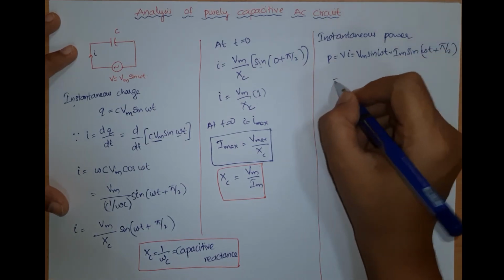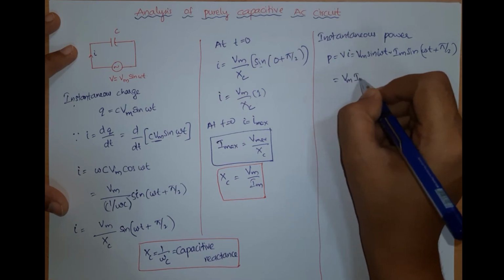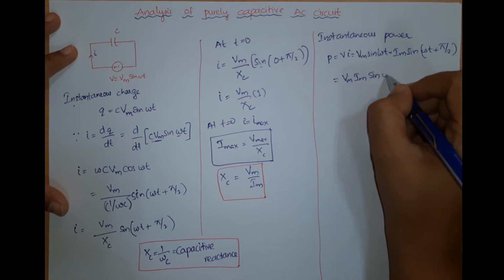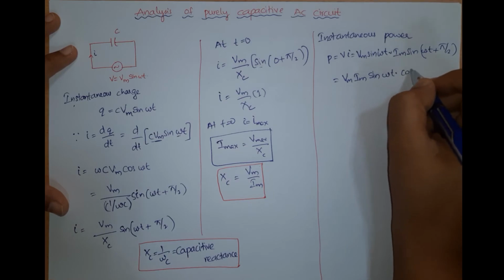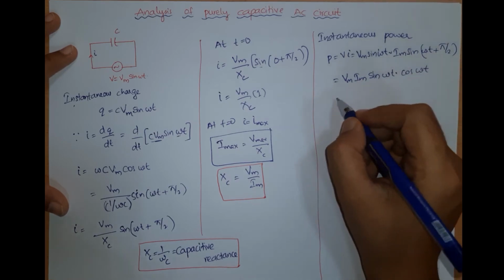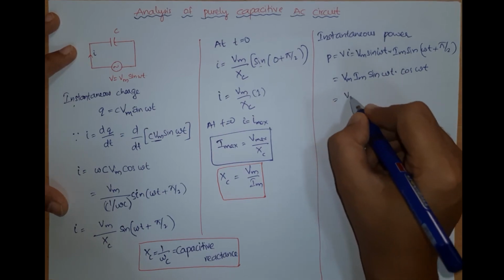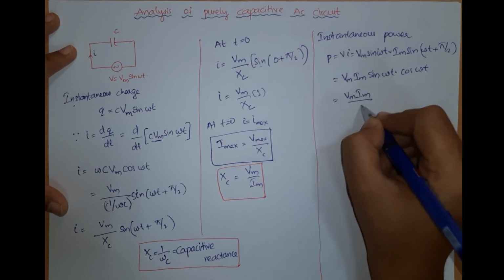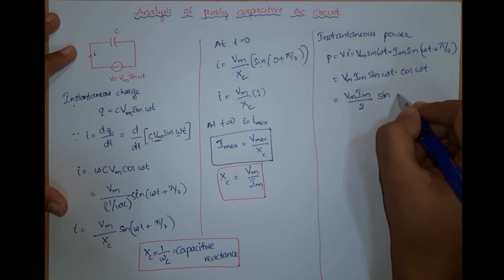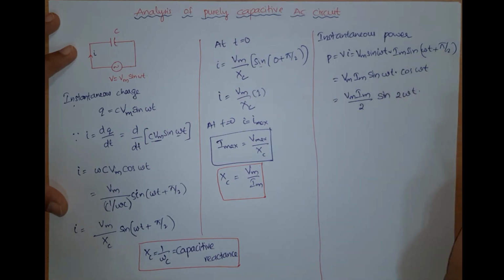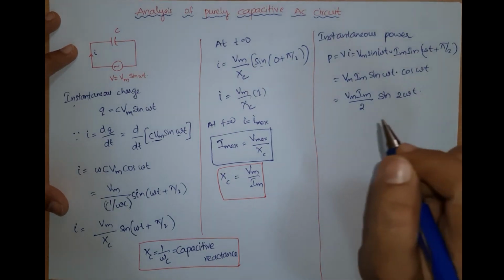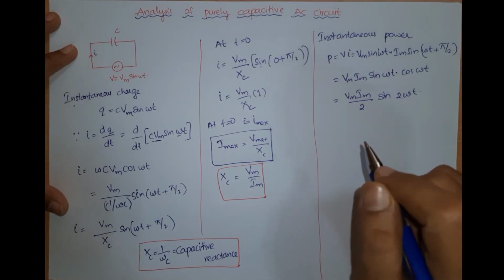So we get Vm Im sin omega t into cos omega t, where if I multiply and divide by 2, I get Vm Im by 2 sin of 2 omega t. This is the instantaneous value of the power.